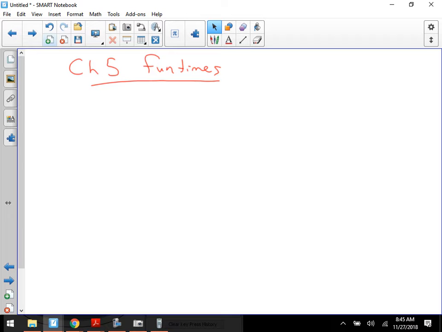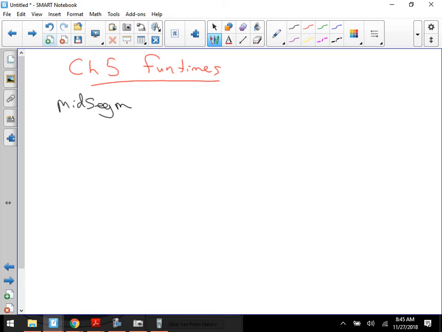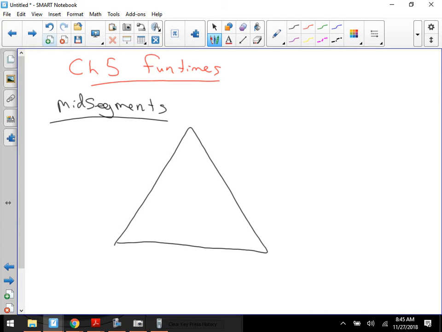So going back through chapter 5, one of the first things we did was a thing called the mid-segments. Mid-segments did what? Mid-segments connect midpoints.